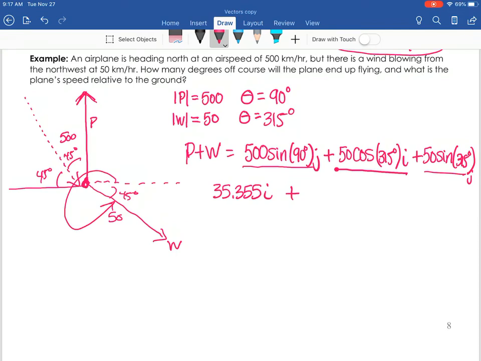I'm going to put those in the calculator and add those up. And I'm going to get, when I do that, 464.645j. So this is my resultant vector. This is what I get when I add my plane vector and my w vector together.